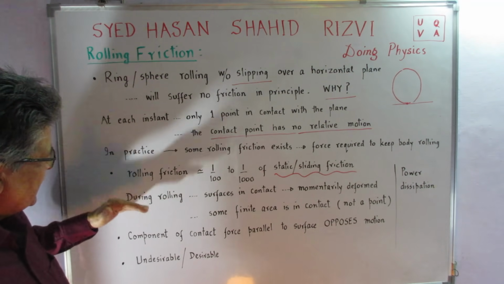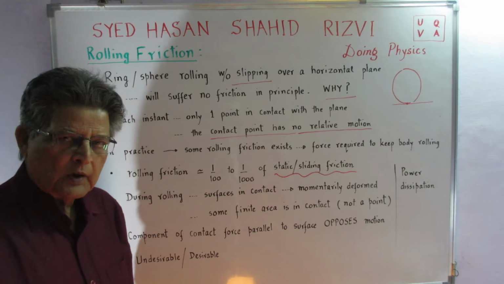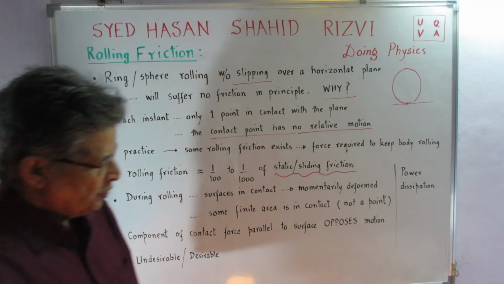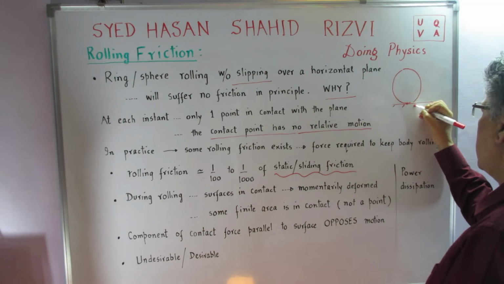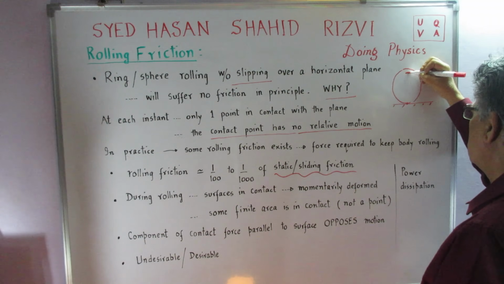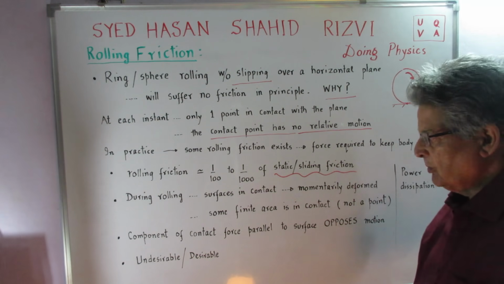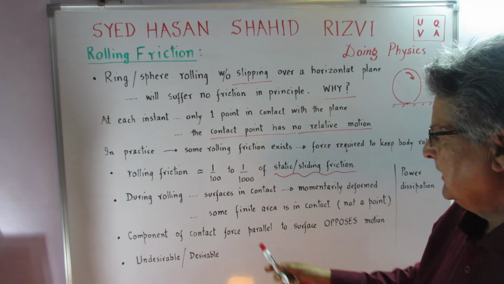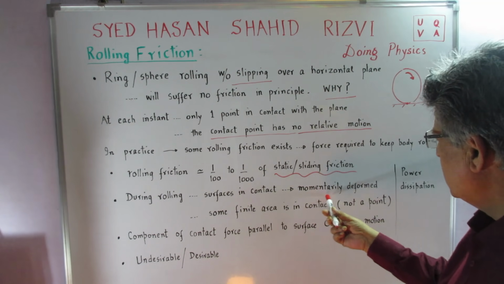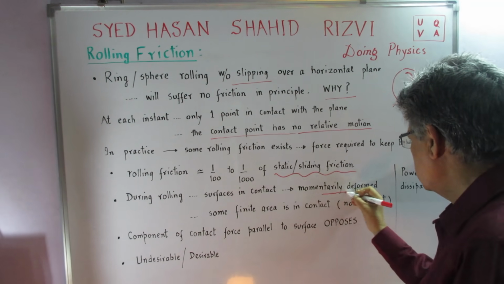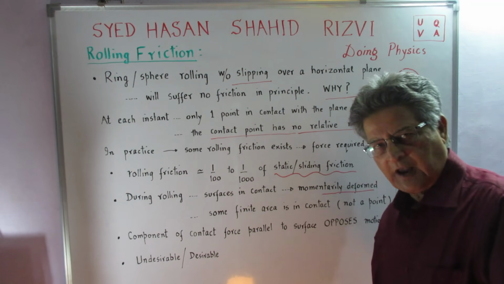However, as I said, during the rolling there are surfaces in contact, because the two surfaces that we are encountering here, the horizontal surface and the ball or the circular ring, whatever is rolling here, both the bodies get momentarily deformed because of their weight, because of their reaction.